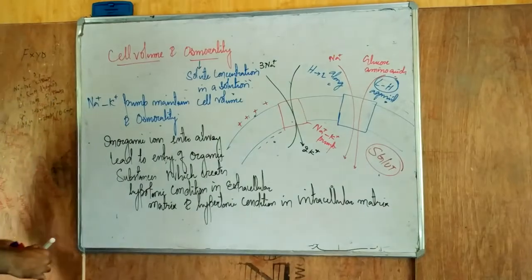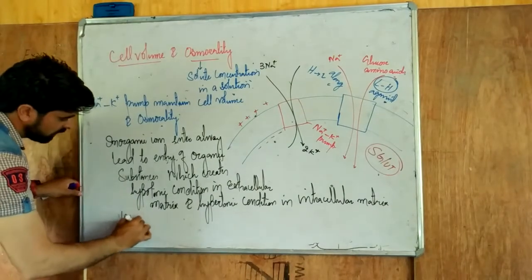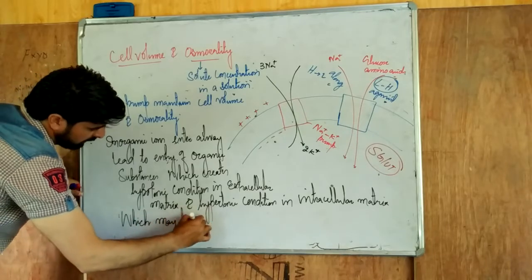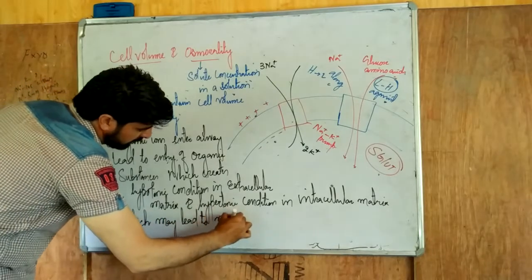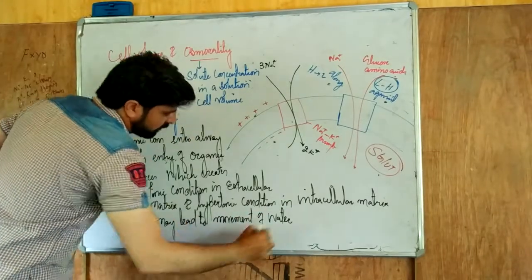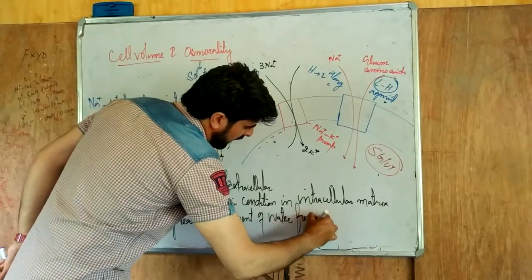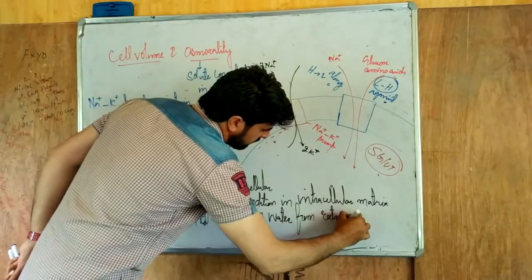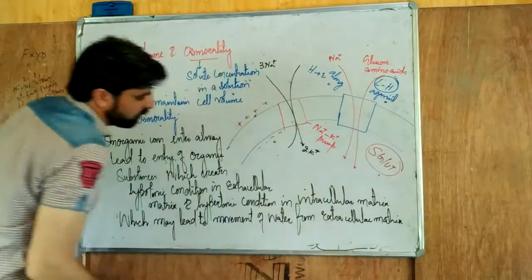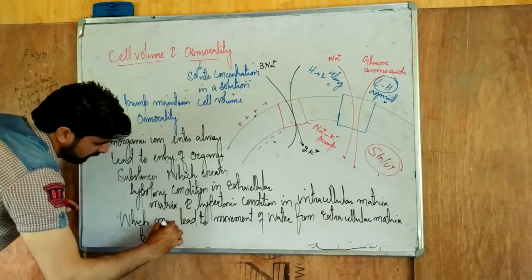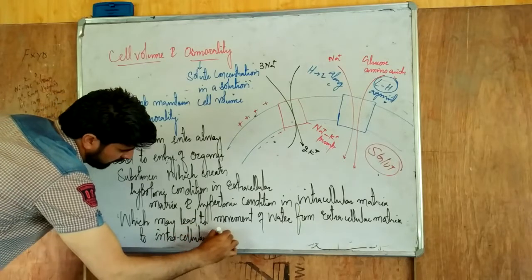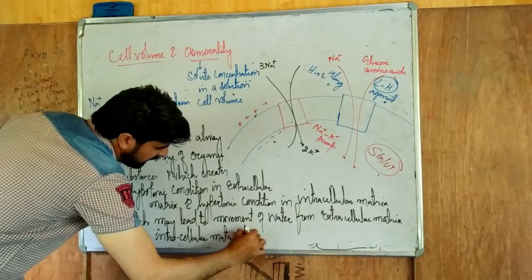Which may lead to the movement of water from higher concentration to lower, from extracellular matrix to intracellular matrix, leading to bursting of the cell.